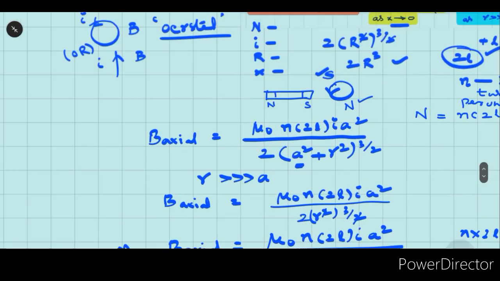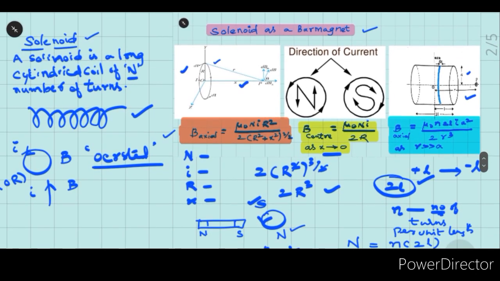This same derivation we can also derive from the method of integration. We know that here we have taken only dx.